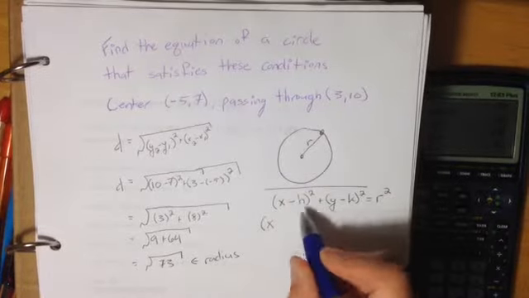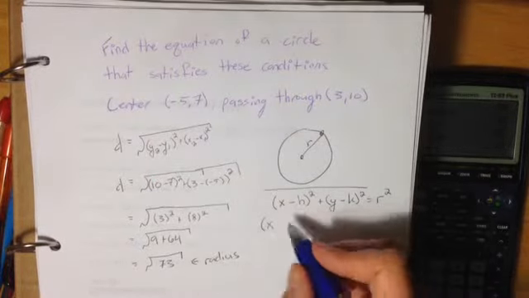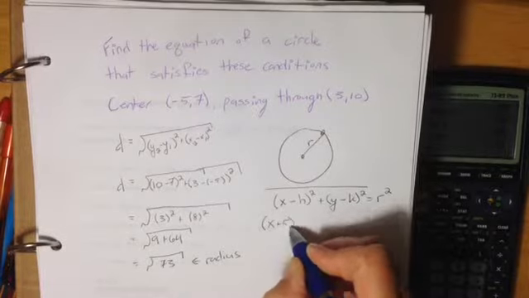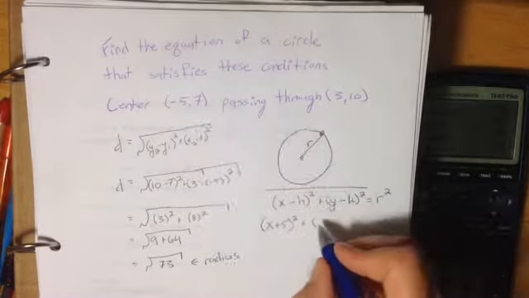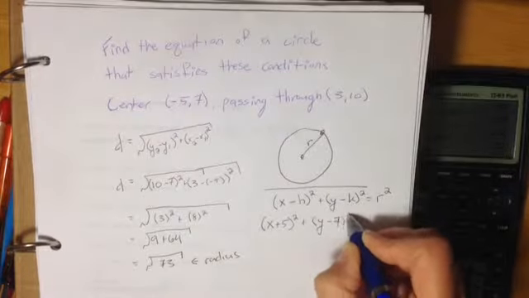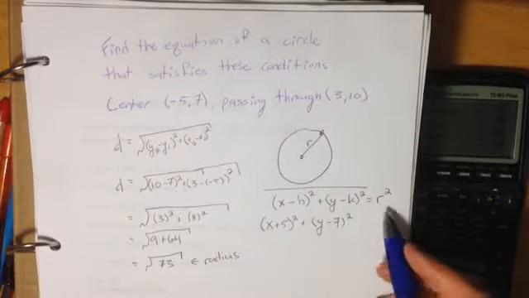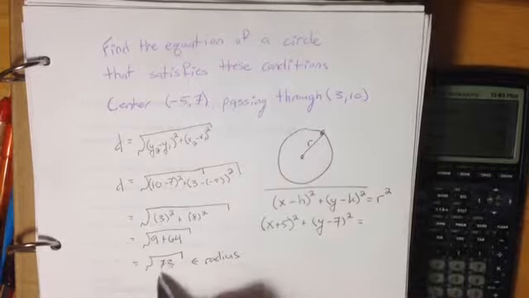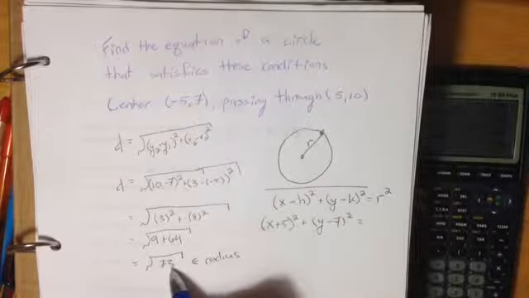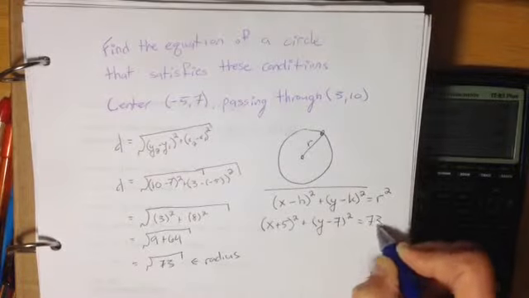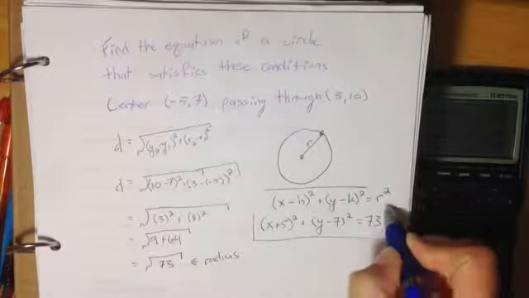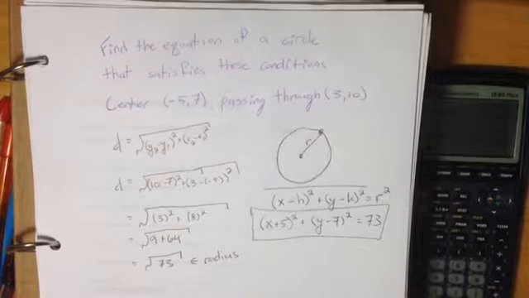So I have x minus a -5, which makes it x plus 5 squared, and then y minus 7, quantity squared, and the radius squared, but the square root of 73 squared is actually just 73. So there's my circle in standard form.